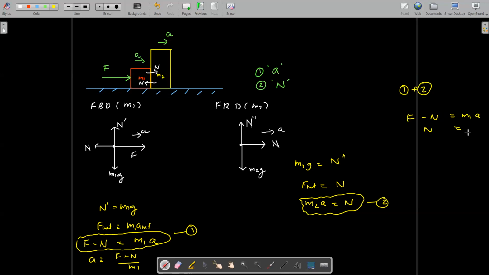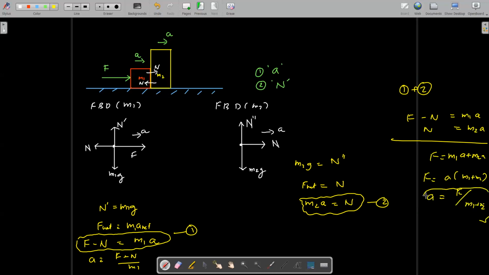Okay, so n is equal to, we got it as m2a. So adding the two, we will get f equal to m1a plus m2a, right? Or we can write f equals a into m1 plus m2, or a equal to f by m1 plus m2.